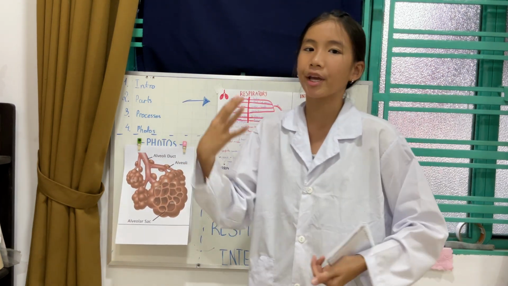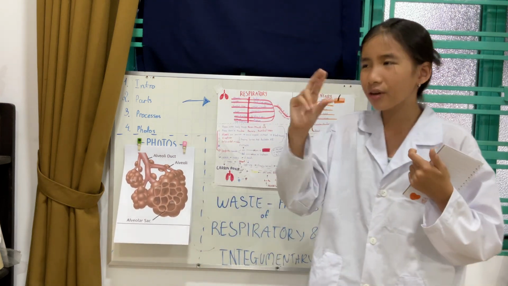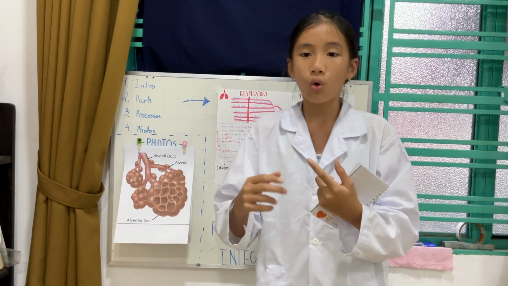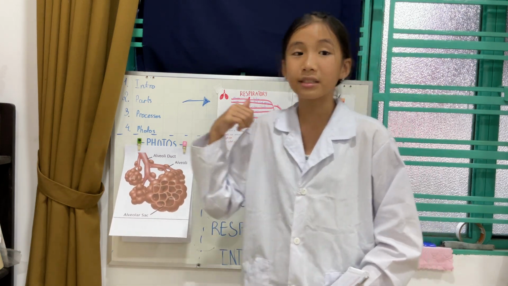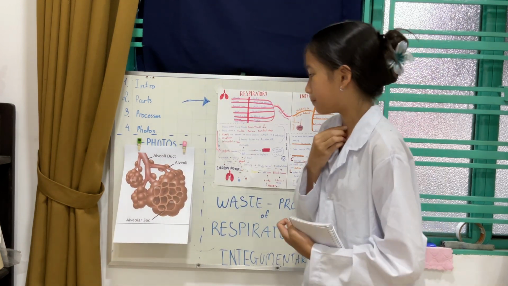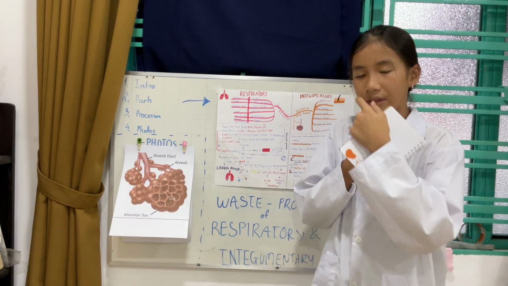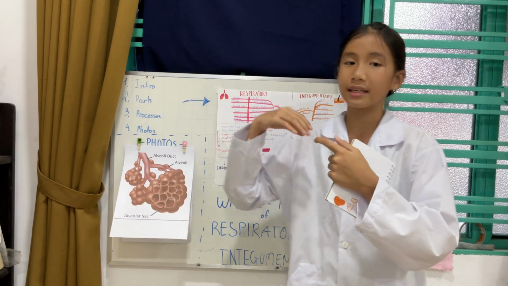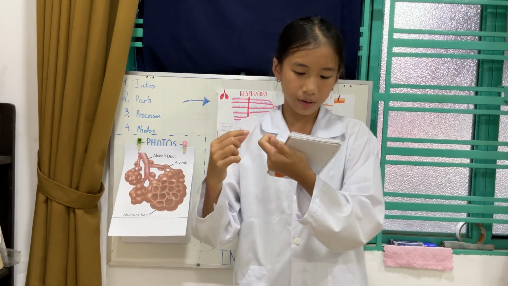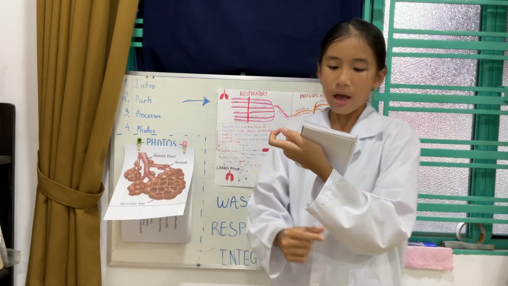But what will separate it? Well, there's a little tissue called the epiglottis, and that epiglottis will identify whether there's air or food coming down that pharynx. Now, coming down that tube, it will separate the food into the esophagus, and then the air will go in.